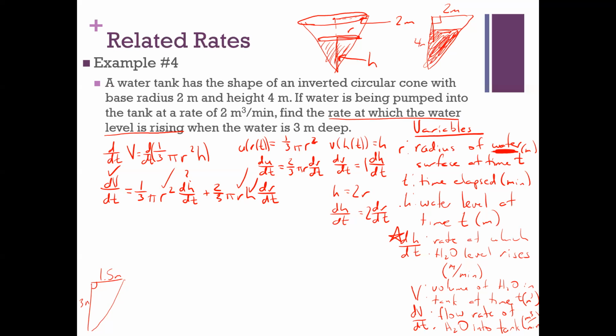All right, so if we're okay with that, I'm going to rewrite this equation. dV/dt equals 1/3 pi r squared dh/dt plus 2/3 pi r h times 1/2 dh/dt.